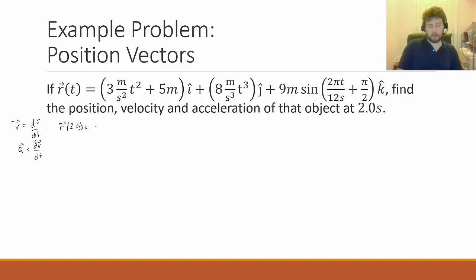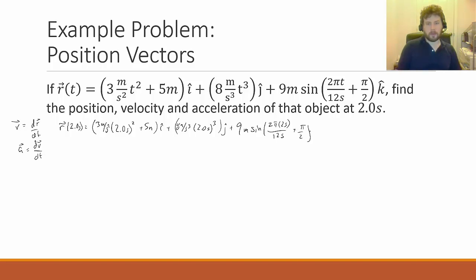is straightforward. All you have to do is plug in 2 seconds. So that's 3 meters per second squared times 2.0 seconds squared plus 5 meters I hat plus 8 meters per second cubed times 2.0 seconds cubed j hat plus the last one, which is 9 meters times sine of 2 pi times 2 seconds over 12 seconds plus pi over 2 k hat.